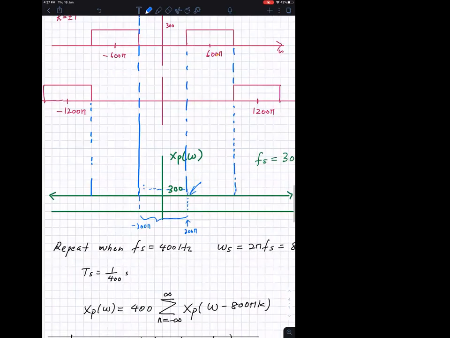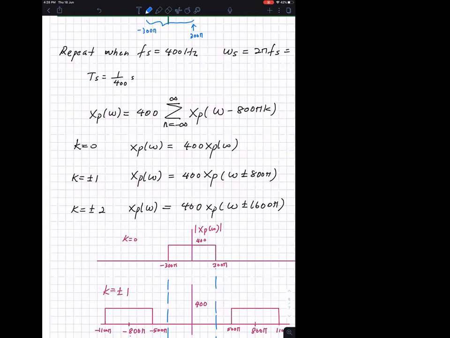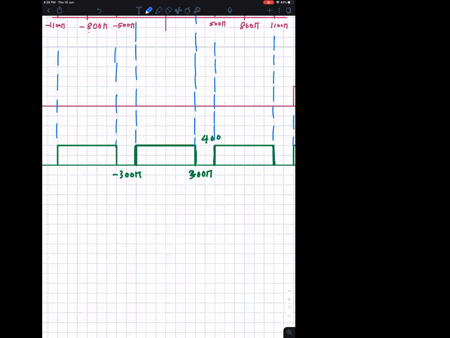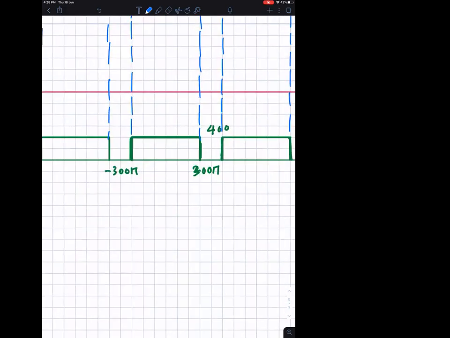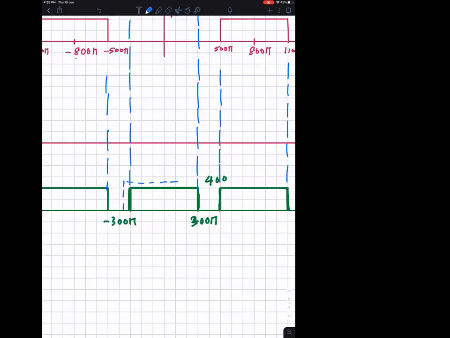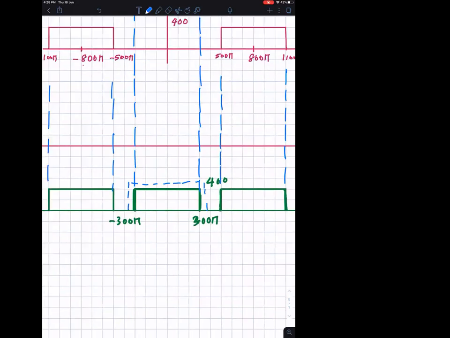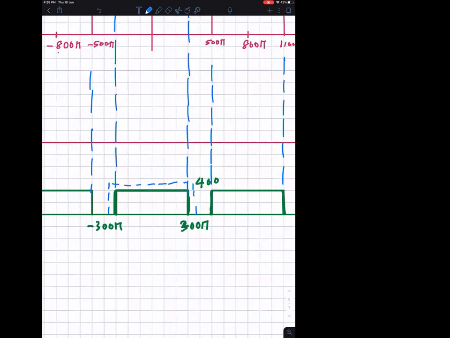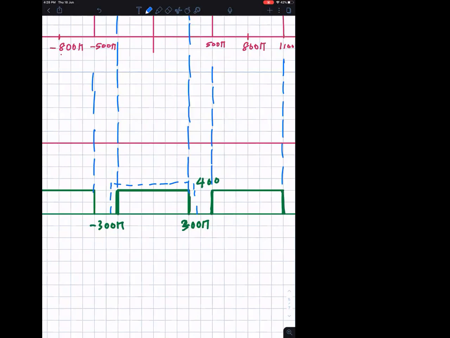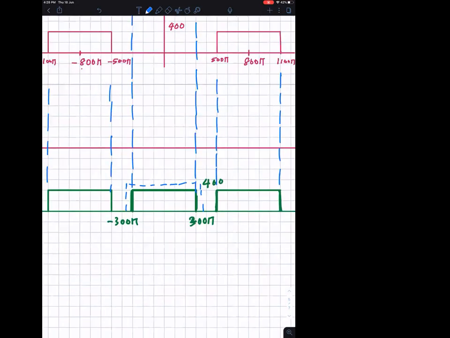Okay, when we increase the sampling frequency to 400 hertz, and you see at the output, you should be able to filter this very nicely, without disturbance from the adjacent spectrum. Right, so this is the reason why we want to have the sampling frequency at least 2 times bigger than the maximum signal frequency.